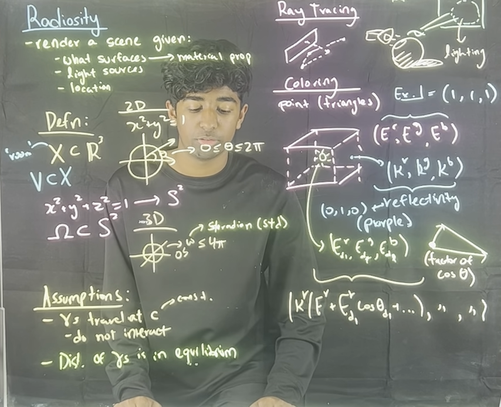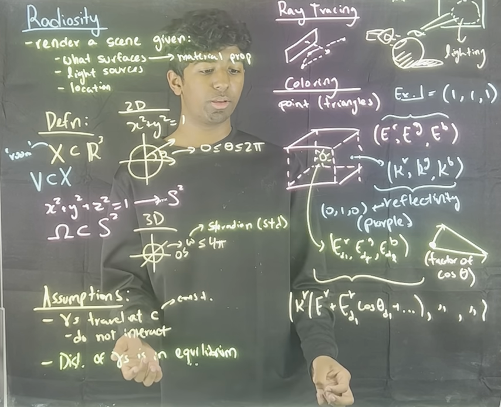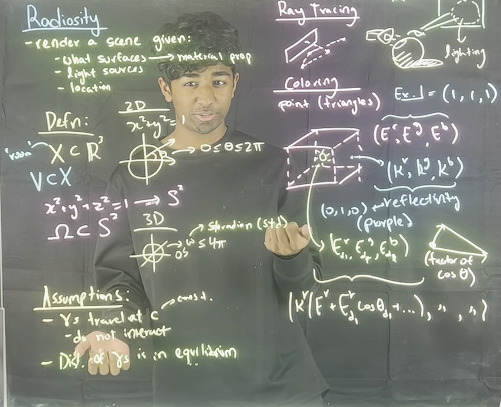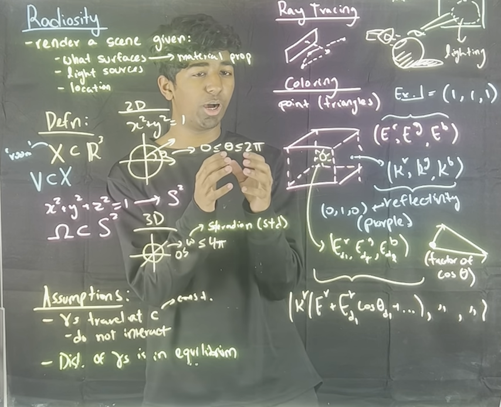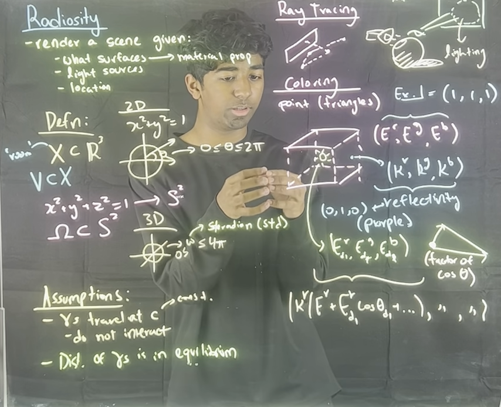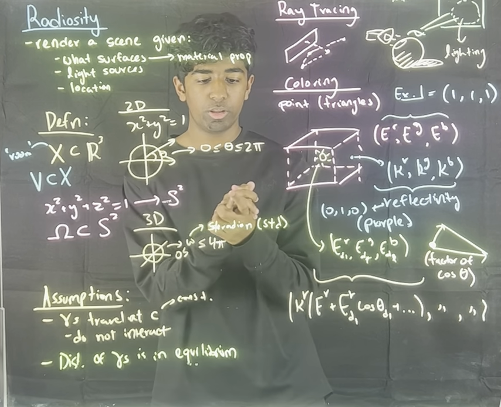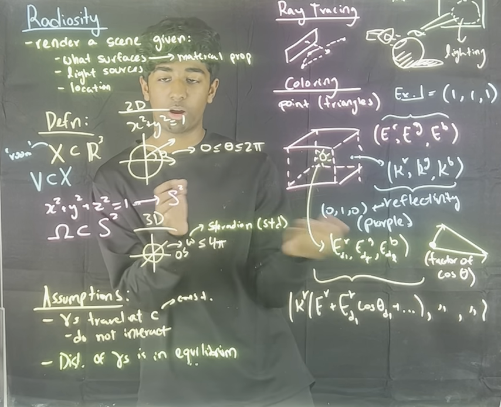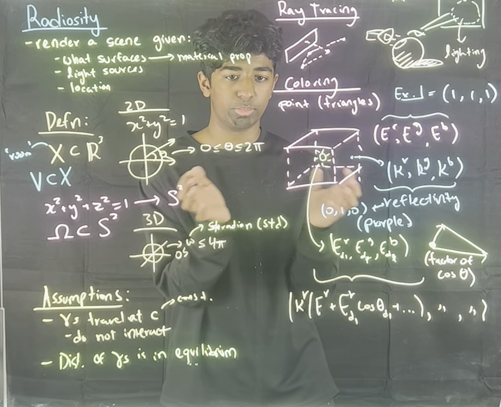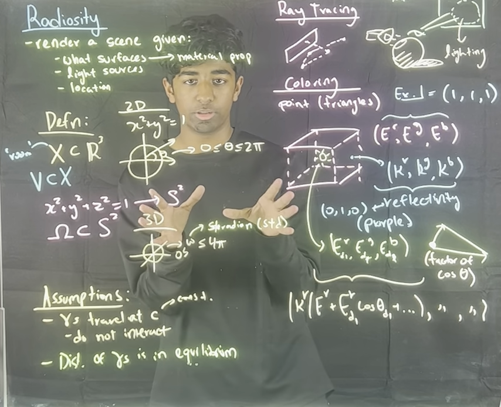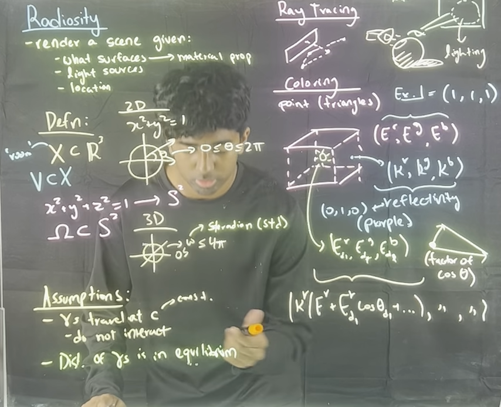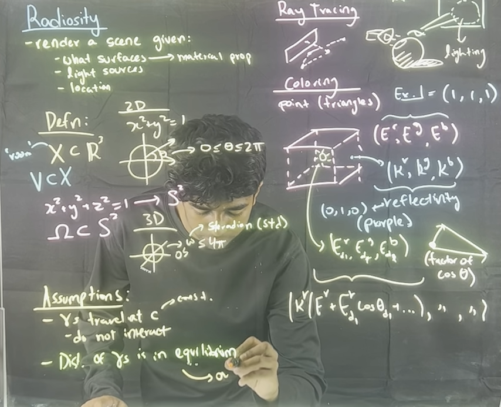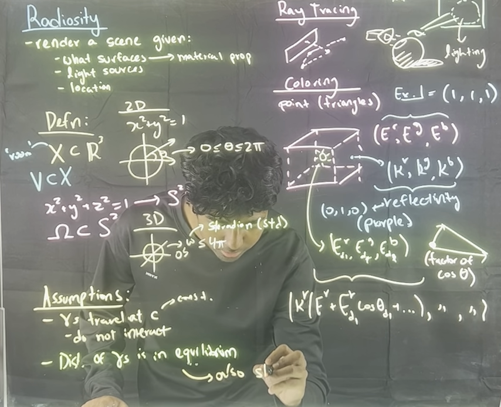What that means is, say I shine a flashlight at a rock. We don't see the rock illuminating over time, we just see it instantaneously, so that's what we're going to assume. Also, steady state.